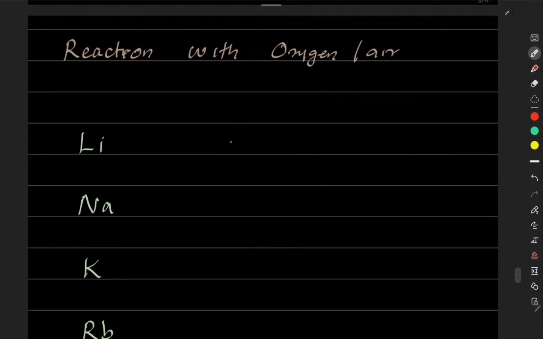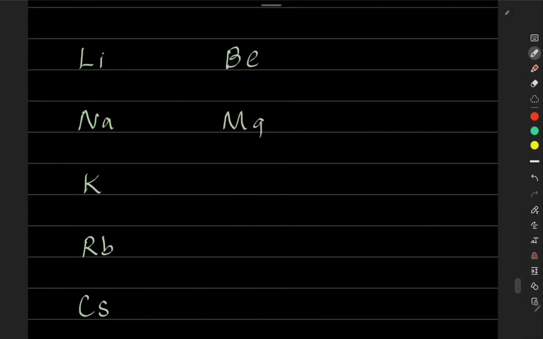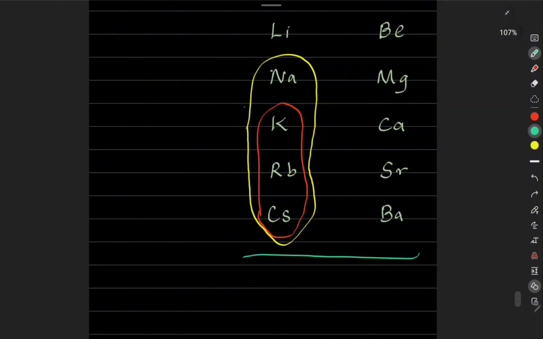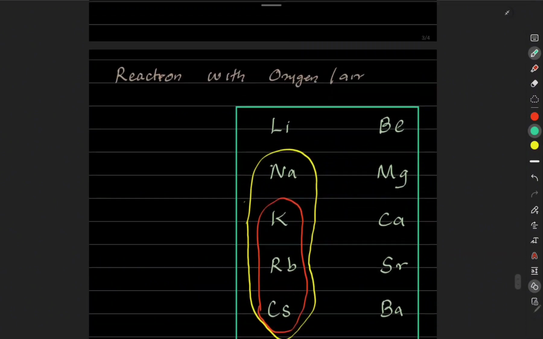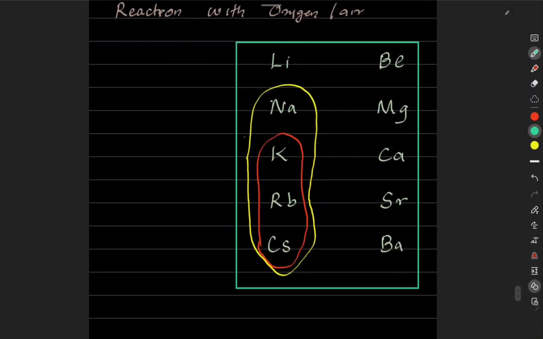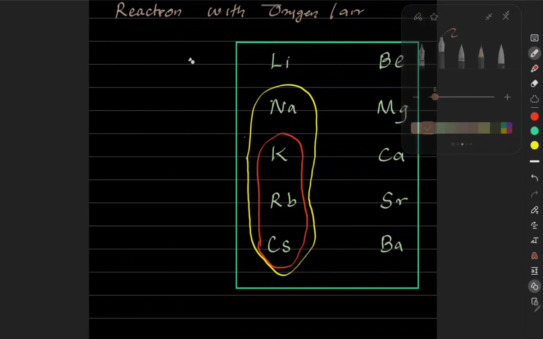Group 2 metals: beryllium, magnesium, calcium, strontium, and barium. Now let's consider lithium.